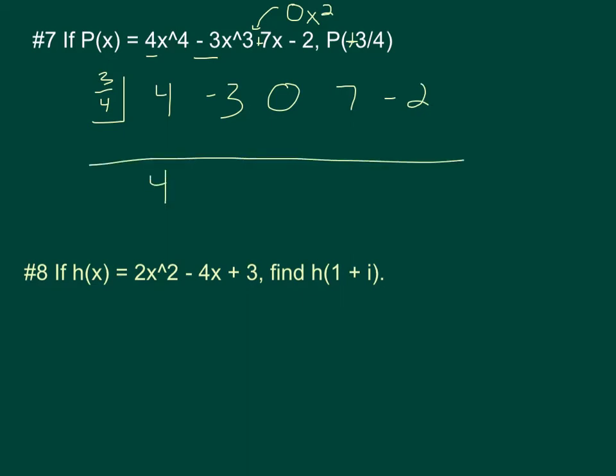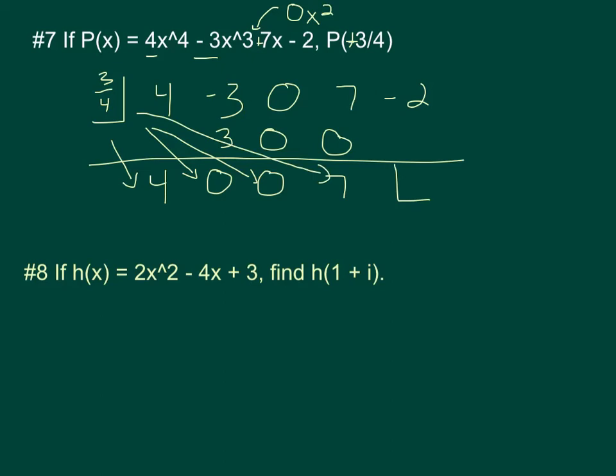Drop the 4. All right, 3/4 of 4 is 3. That makes 0. 3/4 of 0 is 0. 0 and 0 make 0. 3/4 of 0 is 0. 7 and 0 make 7. 3/4 of 7, 3 times 7 is 21/4. Now, negative 2 is really negative 8/4.